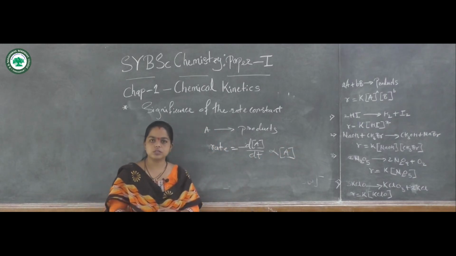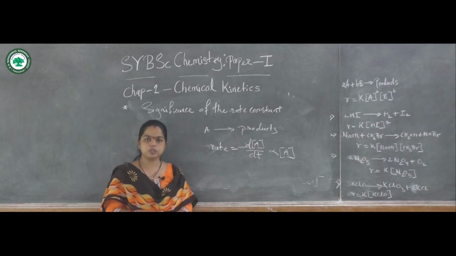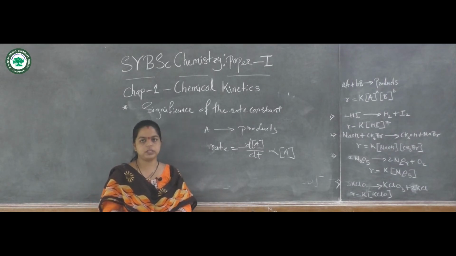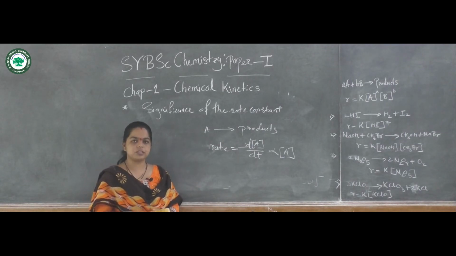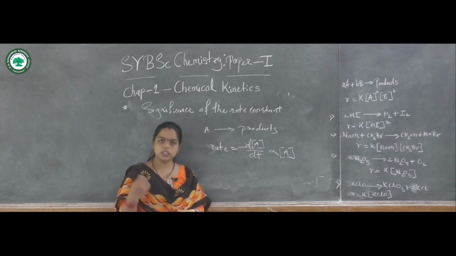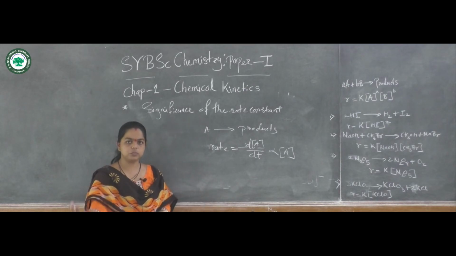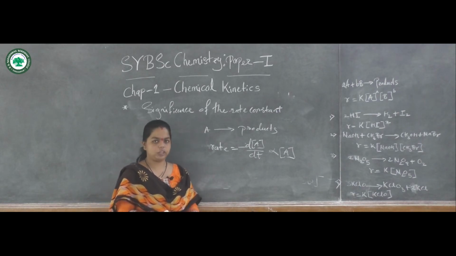The rate is directly proportional to the molar concentration of the reactant. So the law of mass action says that the dependence of the rate at a given instant on the molar concentration of the reactant is expressed in the rate law.